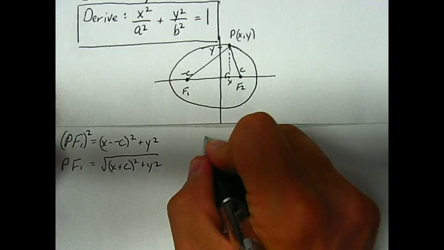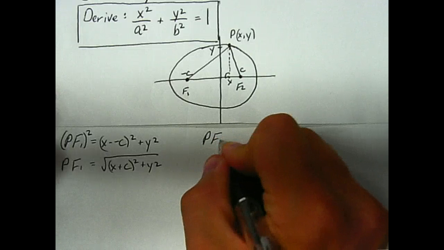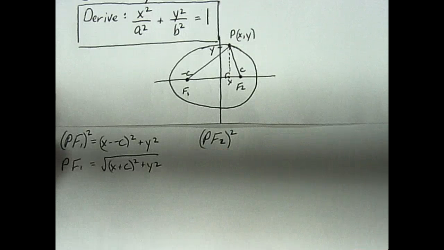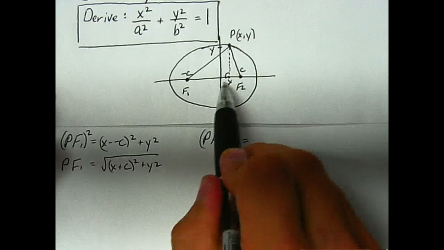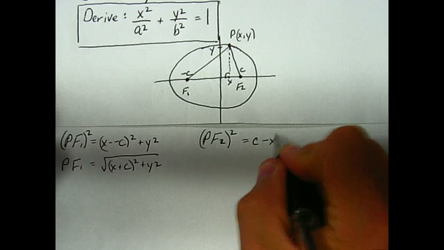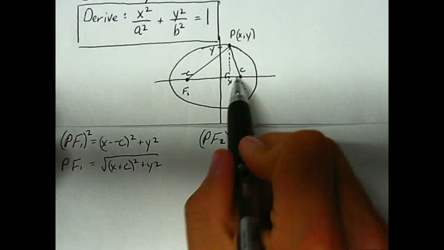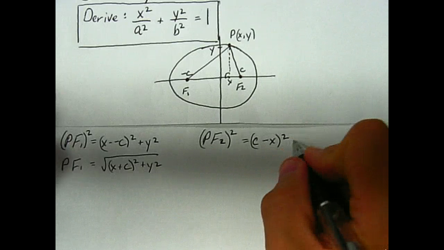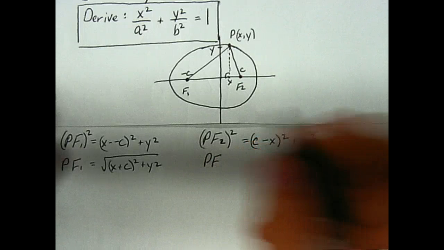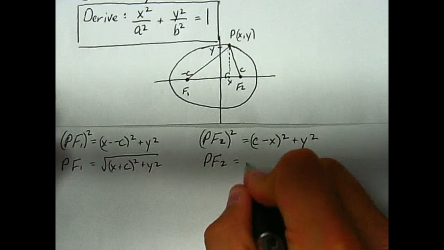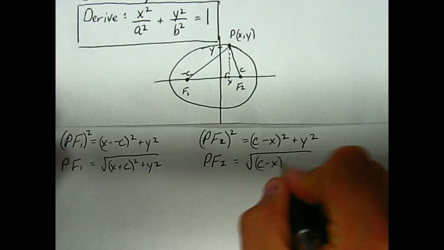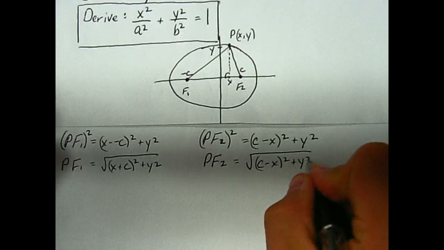So now the distance squared between our point and our second focus, okay, is going to be c minus x all squared, this distance here, plus y squared. So that distance, take the square root of both sides, is going to give me the square root of c minus x all squared plus y squared.